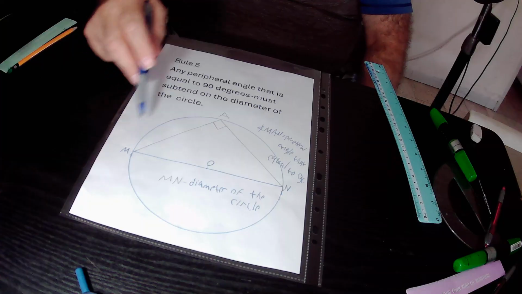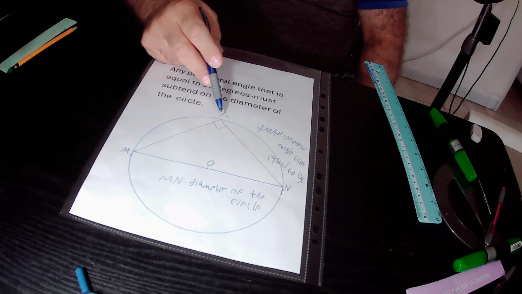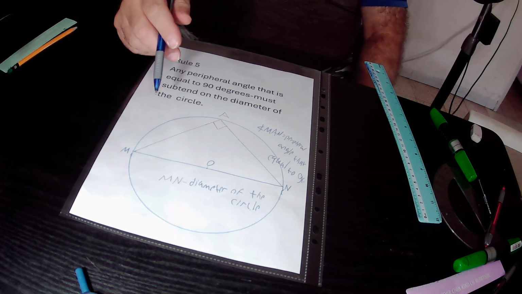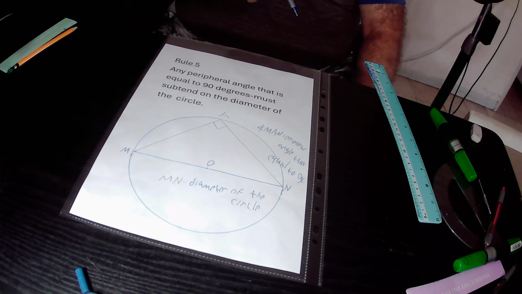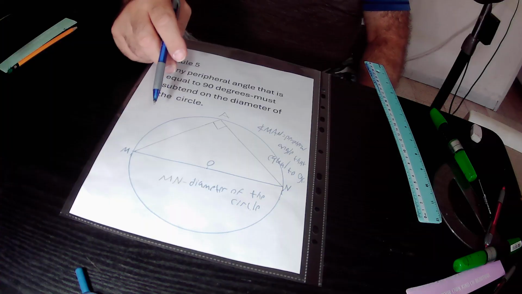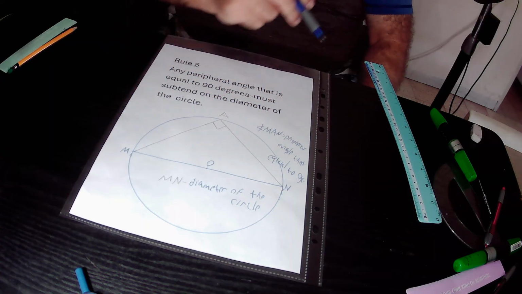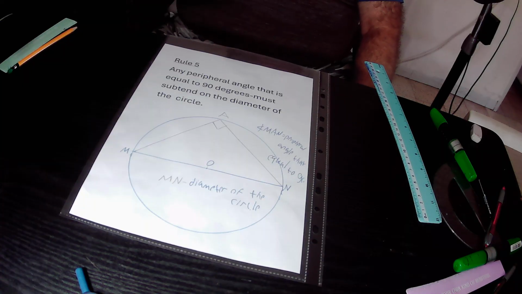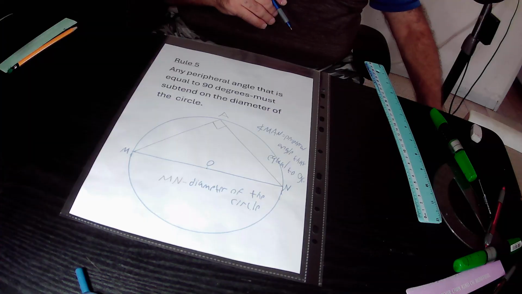This is peripheral angle MAN that is equal to 90 degrees in its size, and therefore according to rule 5, peripheral angle MAN must subtend on the diameter of the circle. And indeed, it does, because MN is the diameter of the circle.